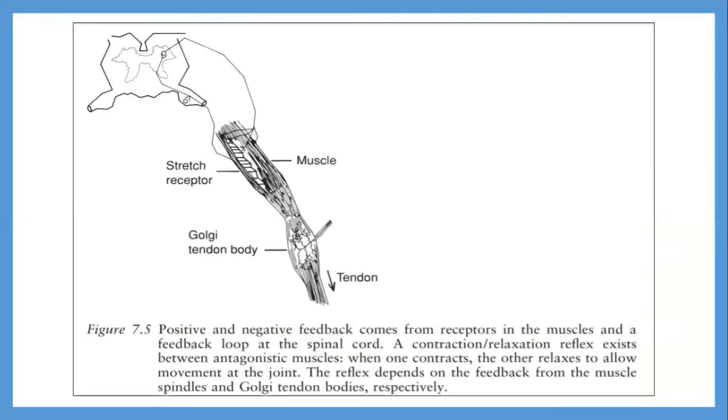Now, as you can see on the illustration, this is figure 7.5, and it is all about the positive and negative feedback that comes from receptors in the muscles and a feedback loop at the spinal cord. Now, this is conducted to the spinal cord and to higher levels of the central nervous system.